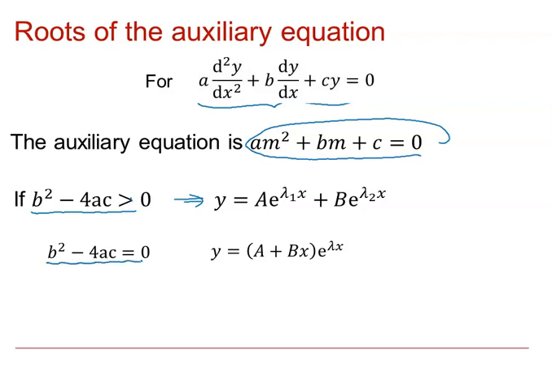If the discriminant is 0, then the auxiliary equation has a repeated real root and we get the general solution y equals a plus bx e to the lambda x. But what we're going to consider now is what would happen if the discriminant was negative.